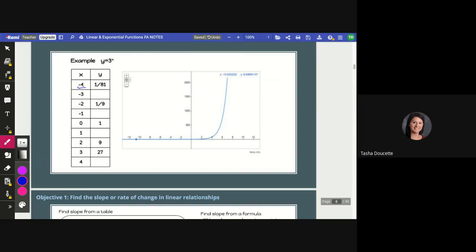So when we do 3 to the negative 4 power, what that really means is 1 over 3 to the 4th. Okay, and so that gives us a fraction of 1 over 81. So then I would do that right here.